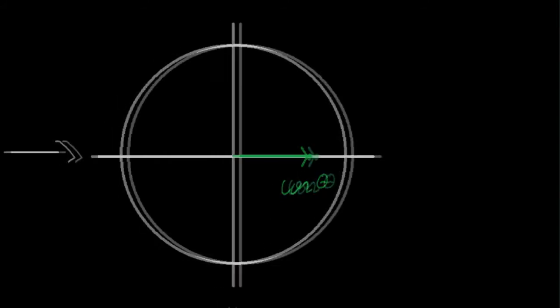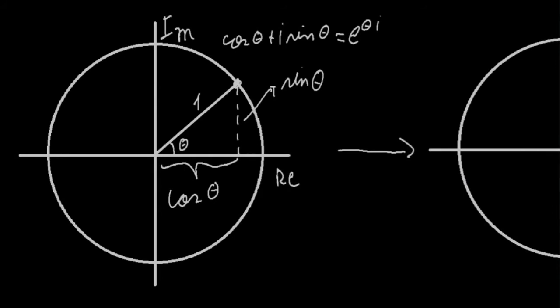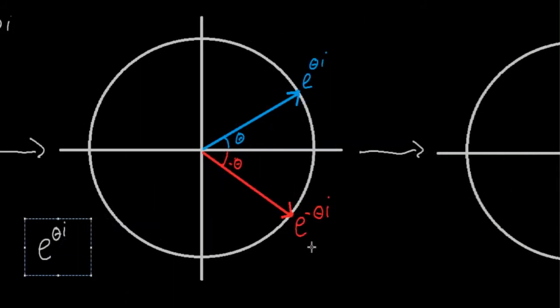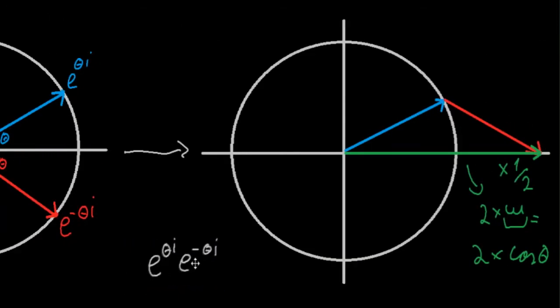So let's recap the steps we took real quick. So first we considered a complex number, any complex number in the unit circle, which we can denote as e to the theta i. Next thing we did, we considered its conjugate, e to the negative theta i. And once we got these two numbers, we added them together.